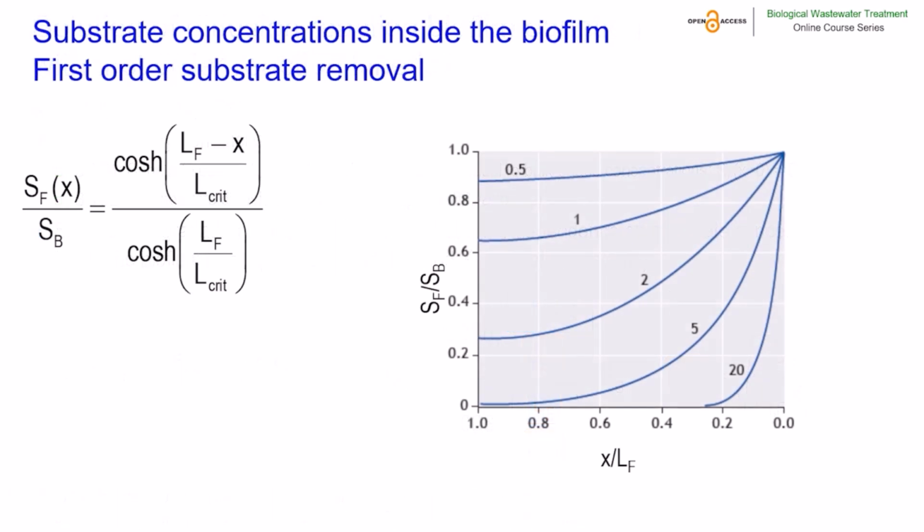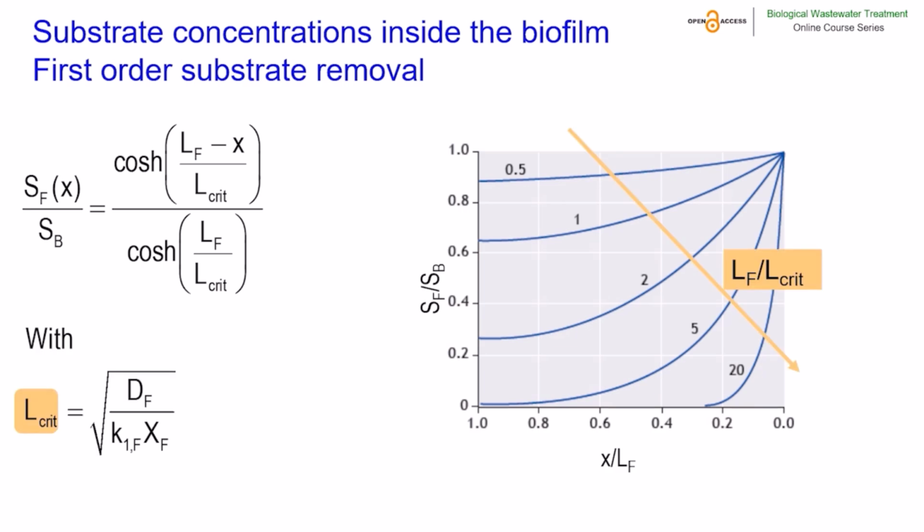Here's a graphical representation of the biofilm solution we derived in the previous slide. On the y-axis, I am plotting biofilm concentrations relative to bulk phase concentrations. On the x-axis, I'm plotting the location x relative to the total biofilm thickness. The different curves in this plot are solutions for different values of LF over L crit.